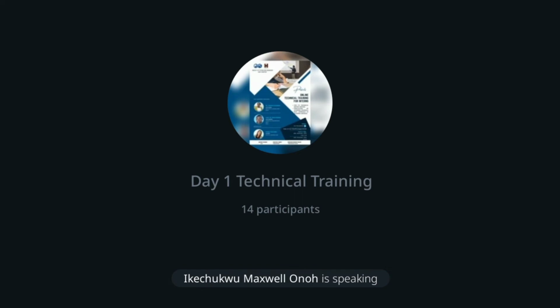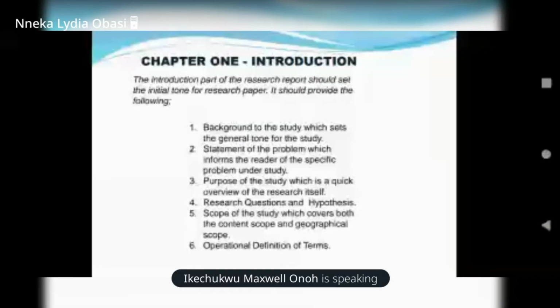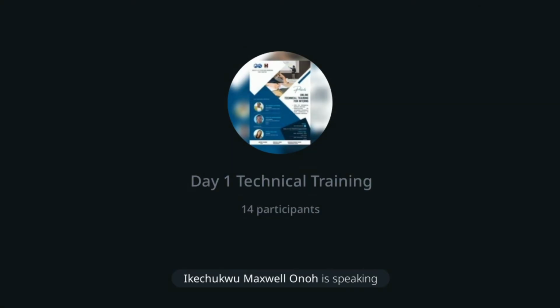Remember, the aim of the study is the topic of your research. So you outline, in achieving this aim, we will follow some steps. In outlining for each step, there must be an objective that must be established. All the outlined objectives must gear towards arriving at the aim or the title of your research.